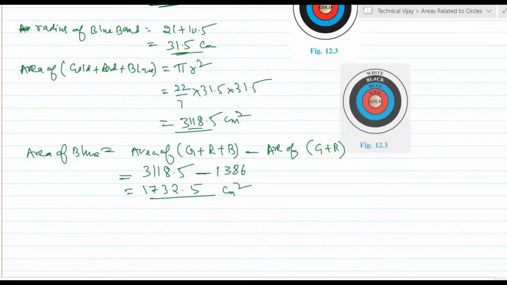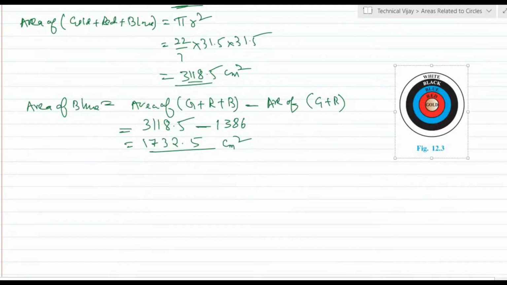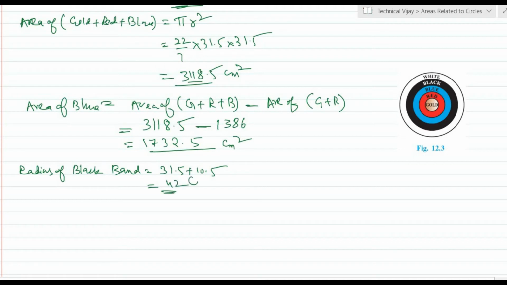So here also this I will shift here. Before going to the area, the radius of the black band is equal to 31.5 plus 10.5, that is 42 centimeter.